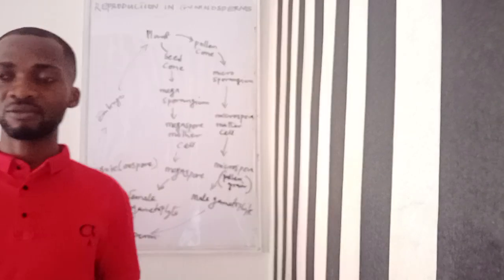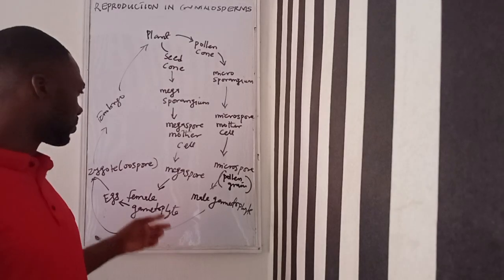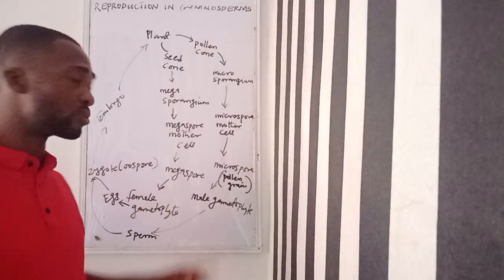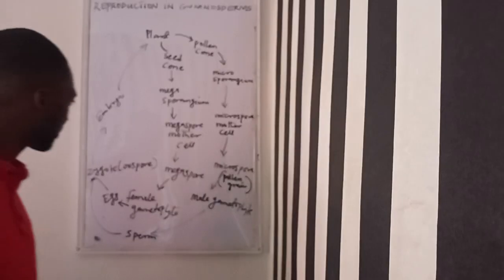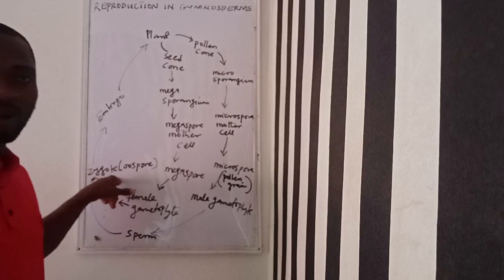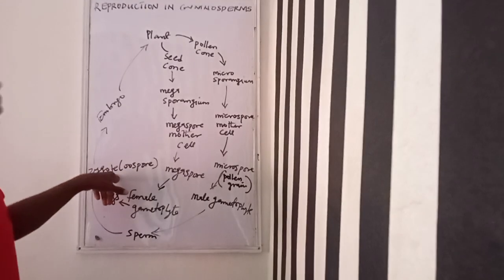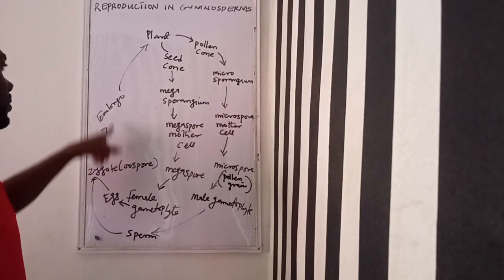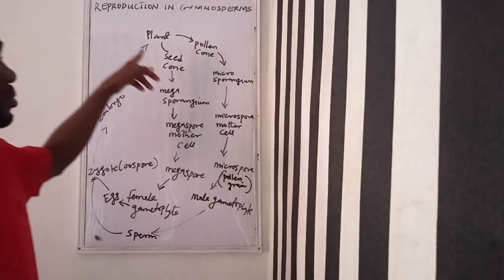The male gametophyte of gymnosperm is ciliated, and once the cytoplasmic sheet is removed, the nucleus migrates into the egg nucleus where it fertilizes the egg. And of course, after fertilization, a zygote is formed. This zygote is also called the oospore. Then the zygote transforms to an embryo, and the embryo into the plant, and the cycle continues.